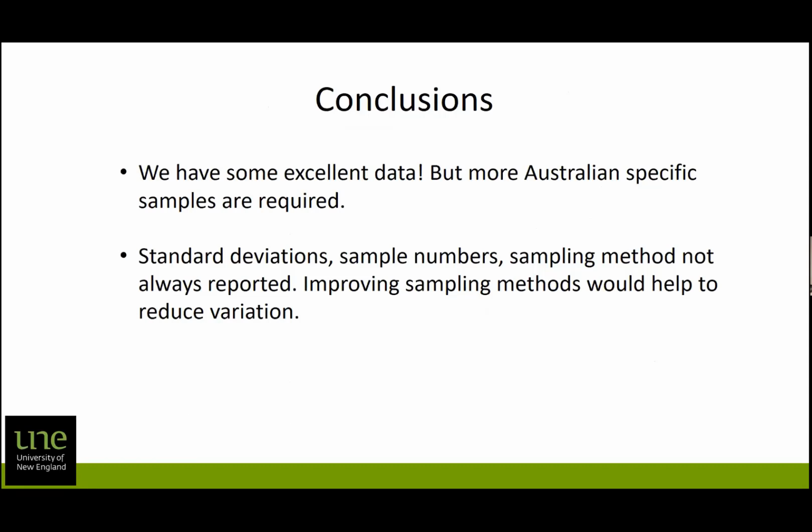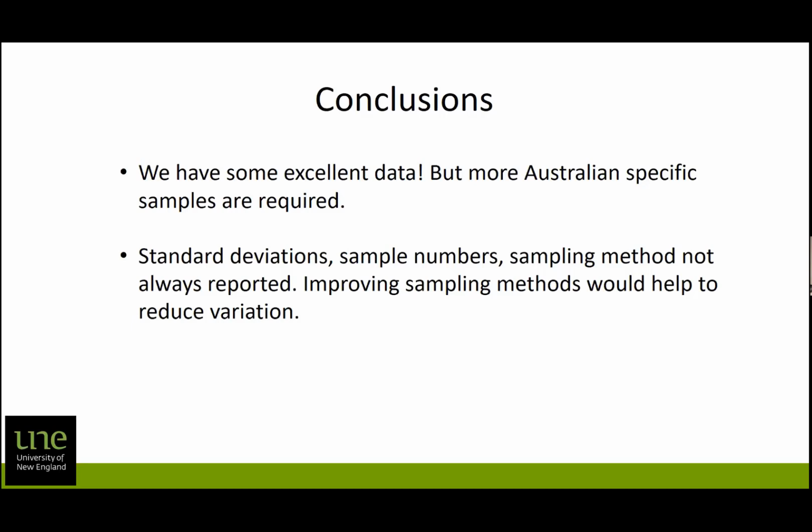With the data, the standard deviations, sample numbers and sampling methods are not always reported. In particular, for a lot of the ingredients, I couldn't get a really accurate reading on the number of samples that we need or that are missing, simply because not all databases reported these values.